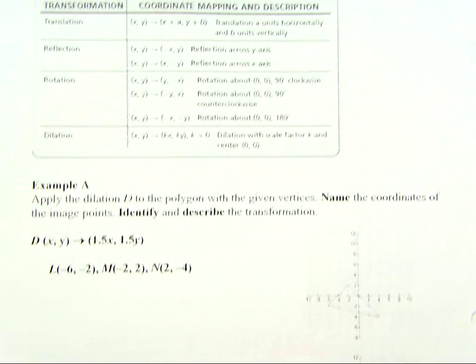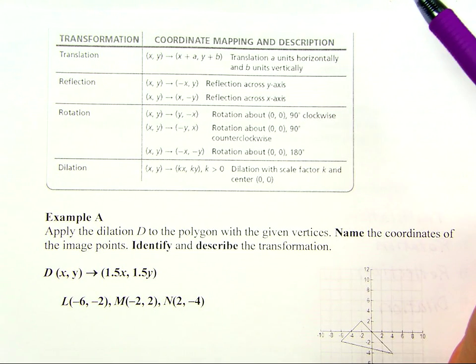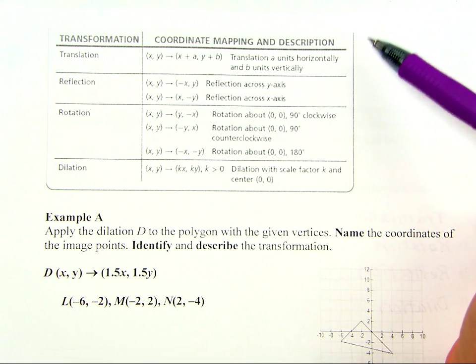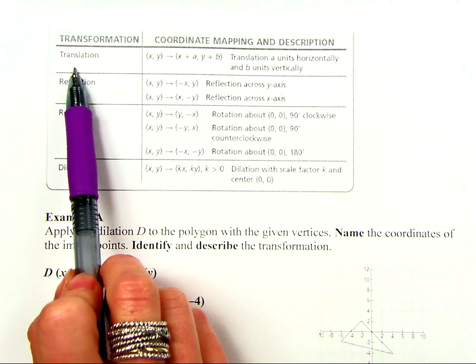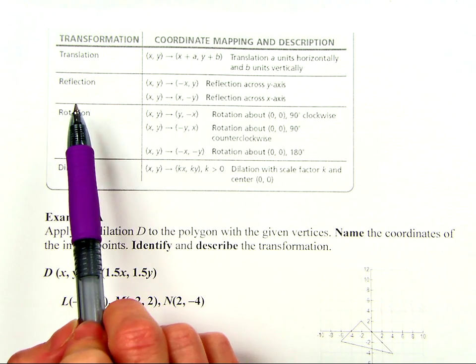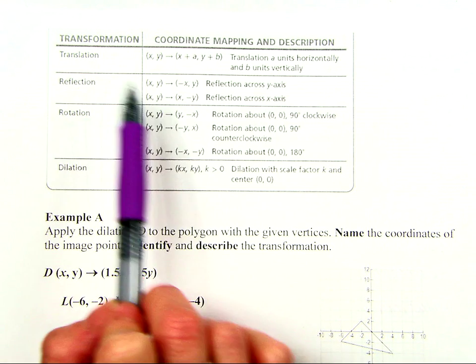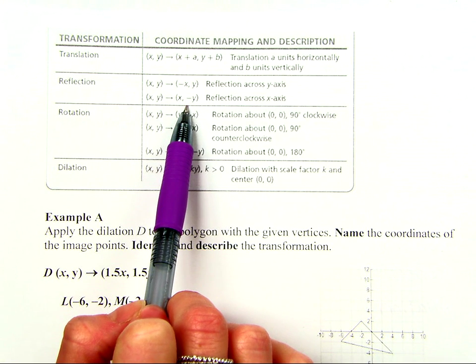Okay, so on the back of your note sheet, I put at the top just a little reminder. This chart we have actually seen before in chapter 4, and it kind of explains how our translation rules or our transformation rules are written. The translation rule, we see the reflection happens when we add in that one negative sign.